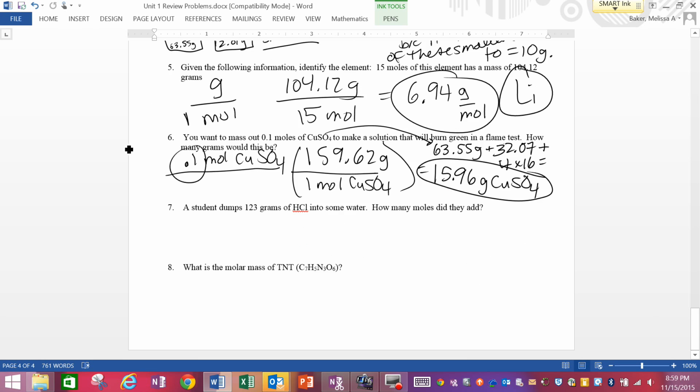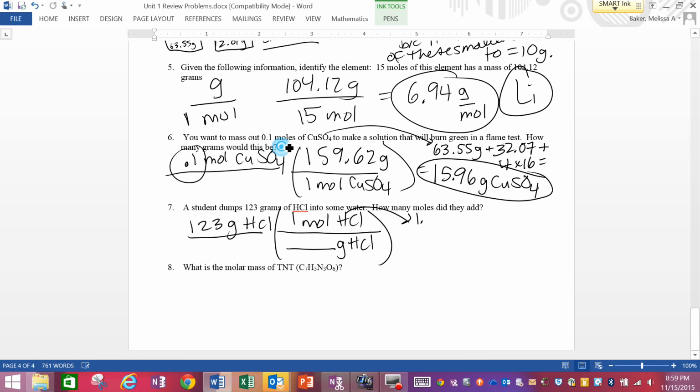Number 7. Student dumps 123 grams of HCl into some water. How many moles did they add? We've got to figure out how much 1 mole of HCl weighs so we can determine if we've got more or less than a mole. So again, go off to the side. Hydrogen weighs 1.01 grams per mole.